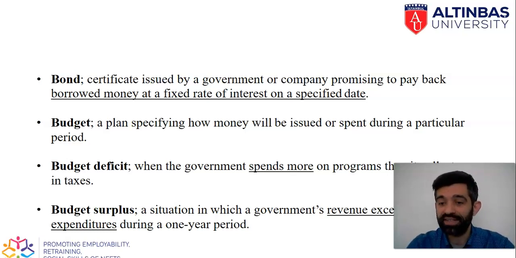It's the opposite definition of budget deficit, a situation in which a government's revenue exceeds its expenditures during a one-year period. As I told you, if you see the statistics of many countries, you're going to see that many countries have budget deficits, while a very limited number of countries have budget surplus.